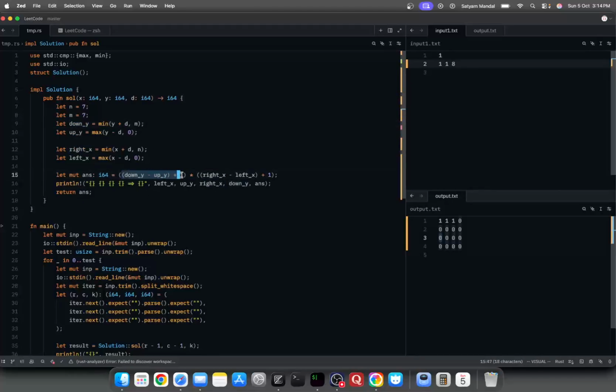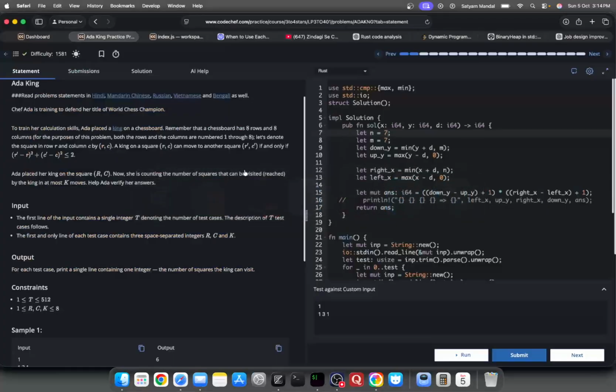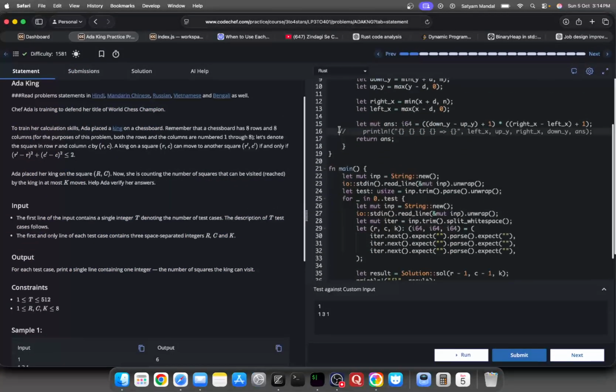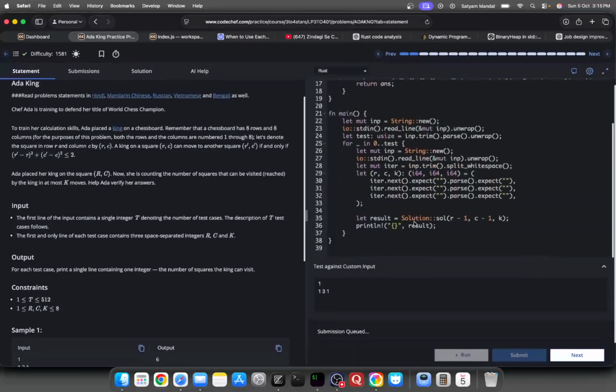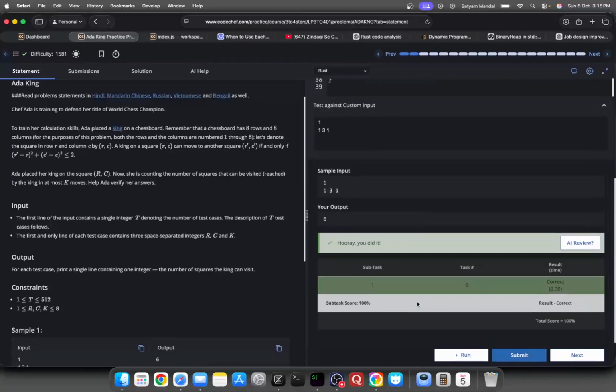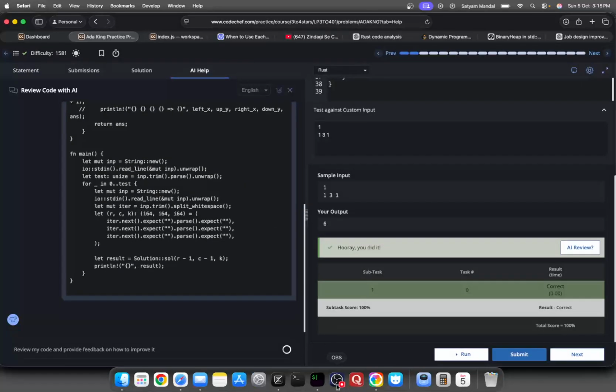After that I added plus 1 to each difference and multiplied them so that I can get the area of that grid, and simply I return this area. So you can see the same thing here as well, and after submission it's perfectly submitted. Thanks.